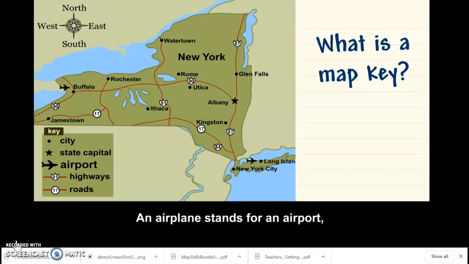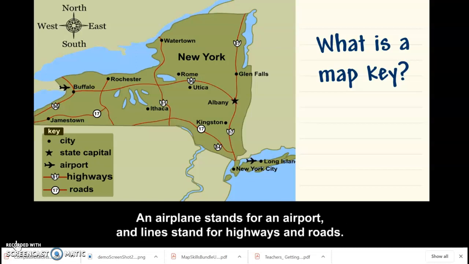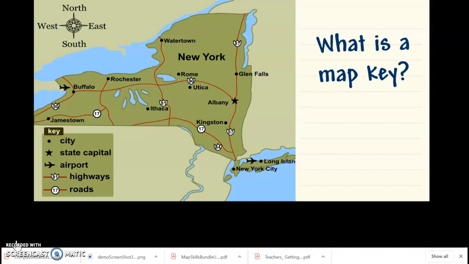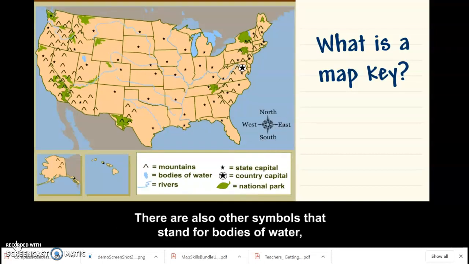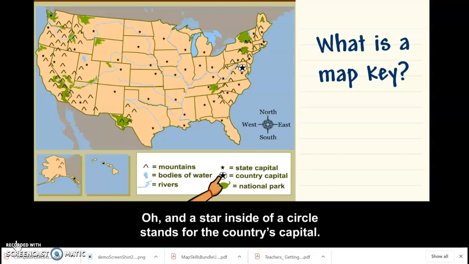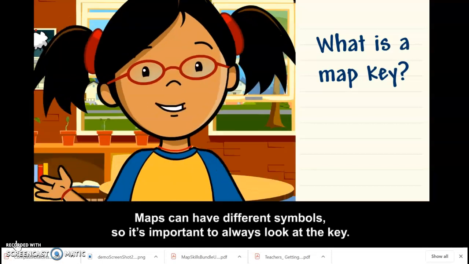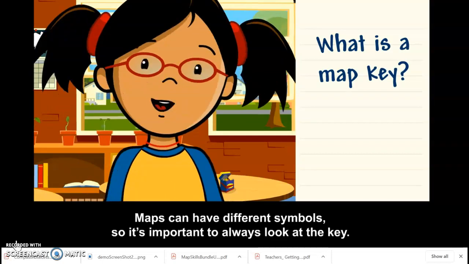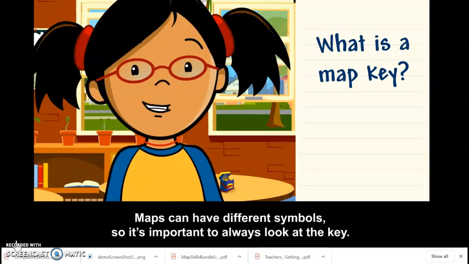An airplane stands for an airport, and lines stand for highways and roads. There are also other symbols that stand for bodies of water, parks or forests, and mountains. Oh, and a star inside of a circle stands for the country's capital. Maps can have different symbols, so it's important to always look at the key.